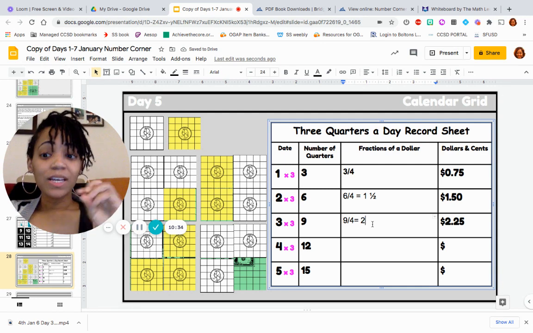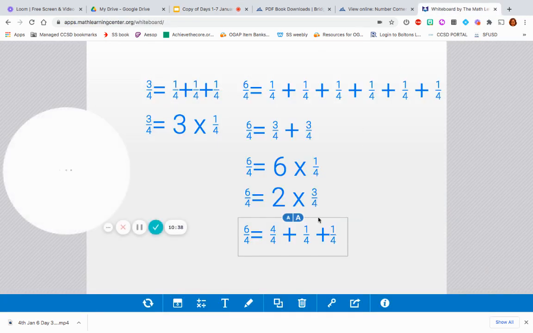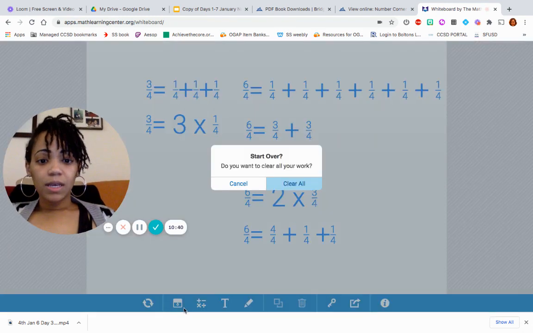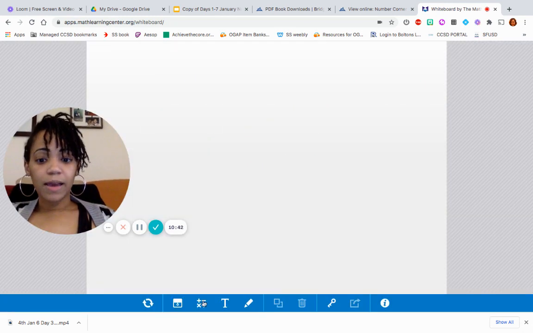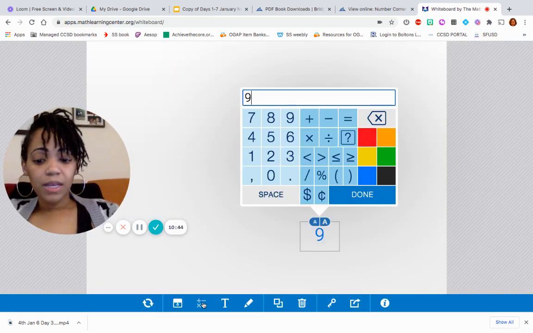You follow me? So 9/4 could be, let me write it on our whiteboard here so you can see what I'm talking about. And I'm going to clear this space so we have plenty of room to work.